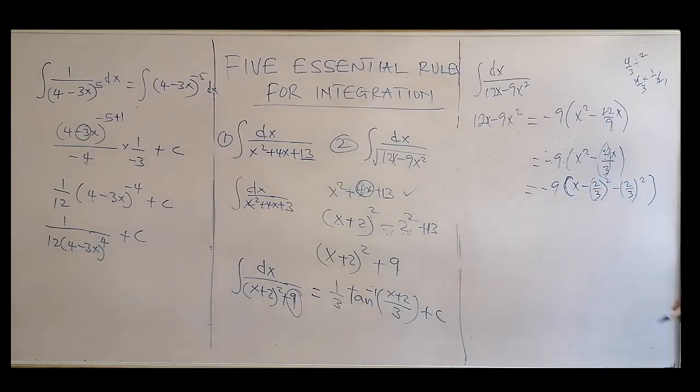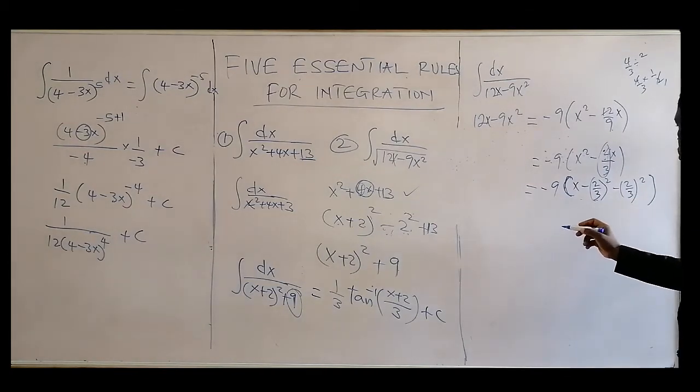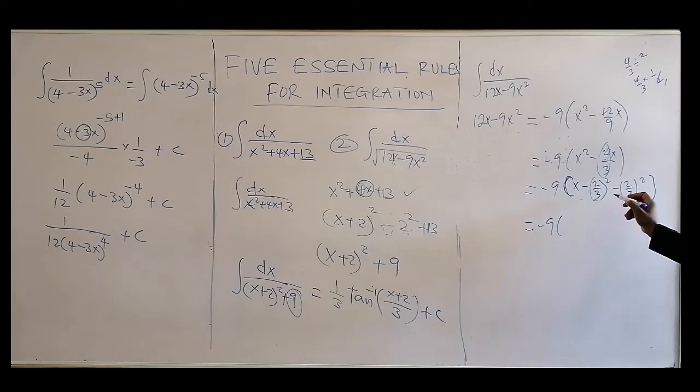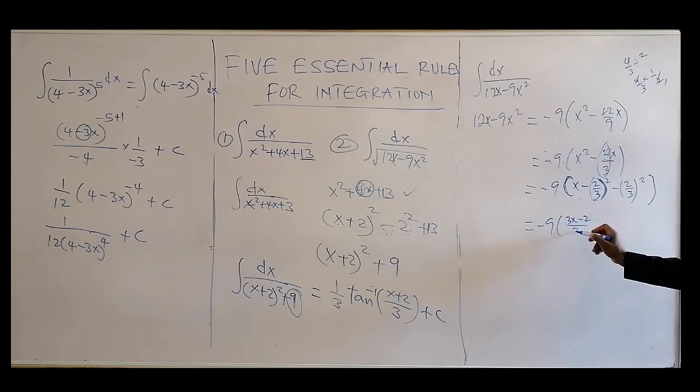And that will be equal to minus 9 into brackets. Don't forget that this one is already closed here, so you can solve it: (3x minus 2) over 3, all squared, then minus this one squared, that's 4 over 9.